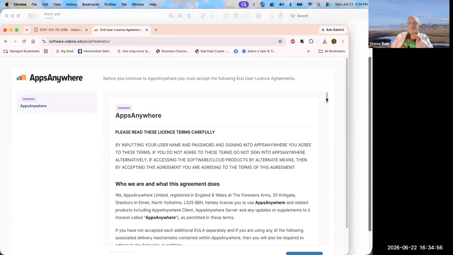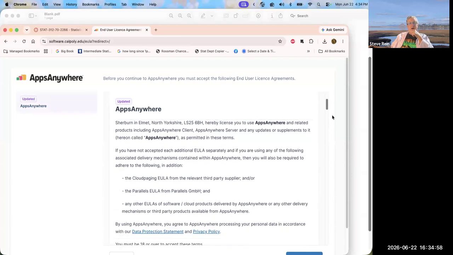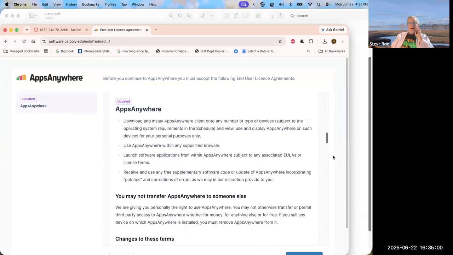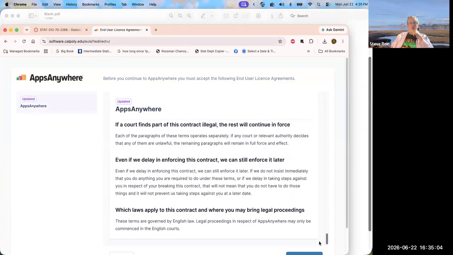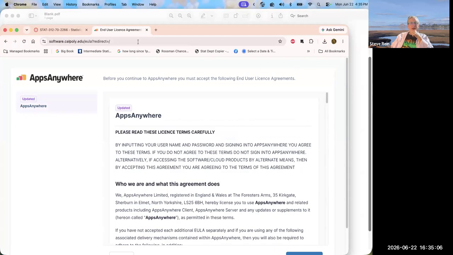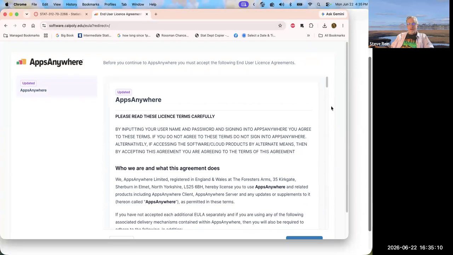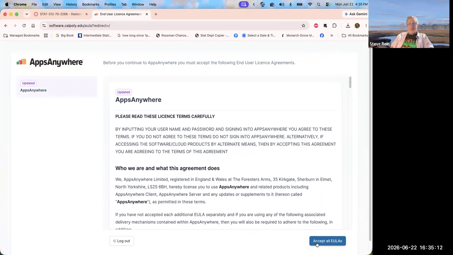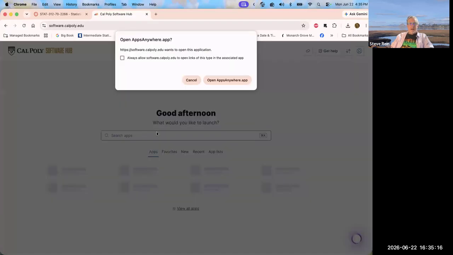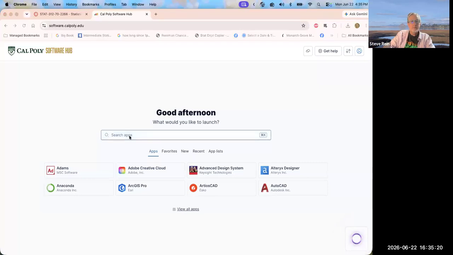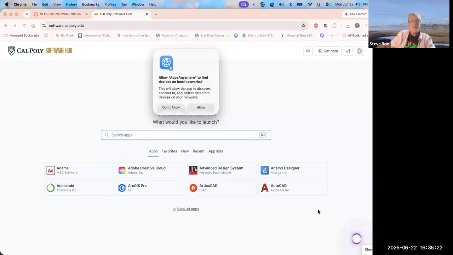Okay, so yes, on Apps Anywhere, I do not recommend JMP as a virtual machine. I do believe that Apps Anywhere does have a link to JMP, so if I click that, it may allow you fine.